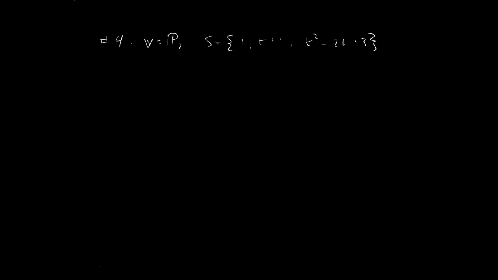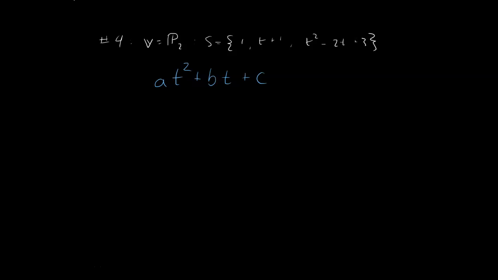Or, in other words, could I write an arbitrary second degree polynomial by adding these 3 different functions together in different ways? So what we want to know is, if these span, then I should be able to write any second degree polynomial where a, b, and c are real numbers.